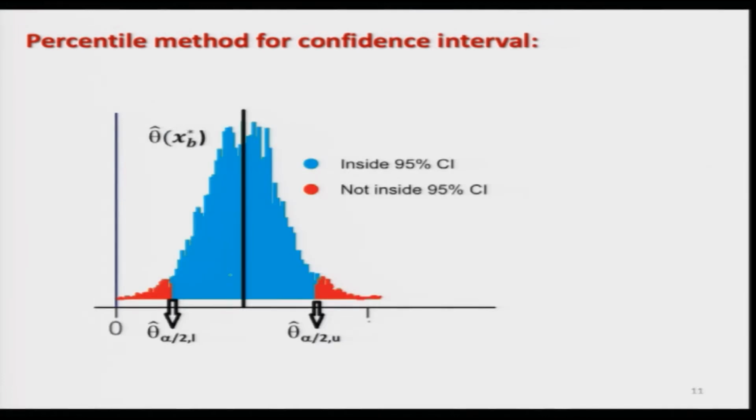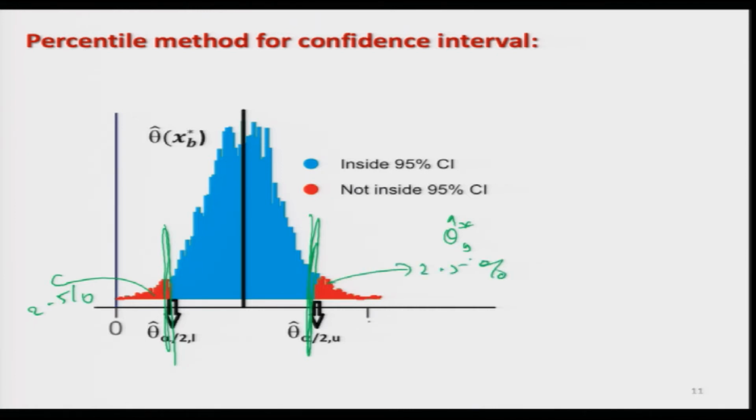For example, I make one more plot of this type. All the values of theta hat b star have been plotted here, and then I choose a point where I can chop off 2.5% on the left hand side and 2.5% on the right hand side.